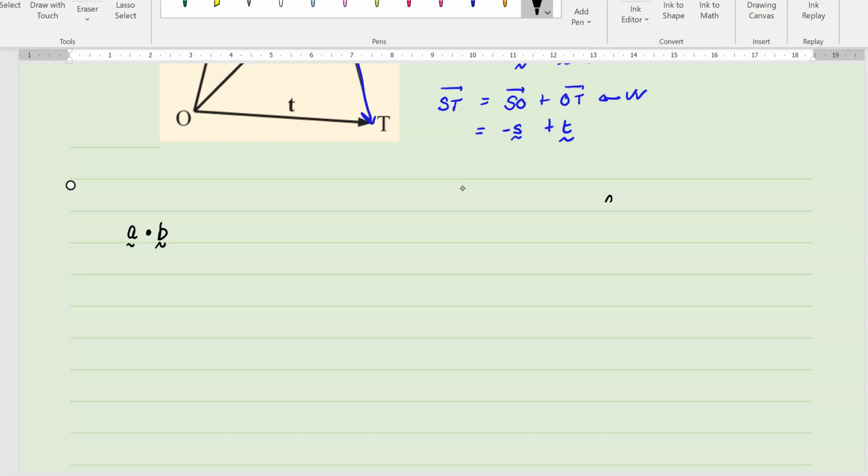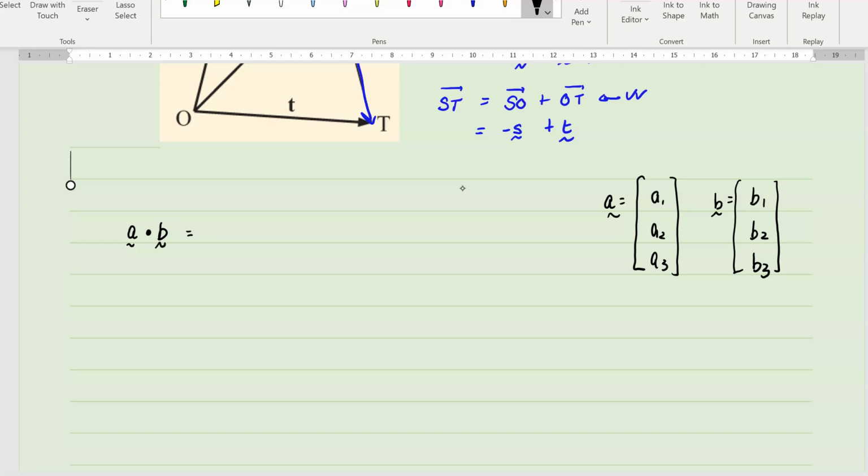Remember that A is A1, A2, A3, and our friend B is B1, B2, and B3. So if I'm getting the dot product here, it's A1 times B1 plus A2 times B2. And that's where we would have stopped when we had the 2D vectors, but because we're now going 3D, it's nice and straightforward, and it becomes A3, B3.